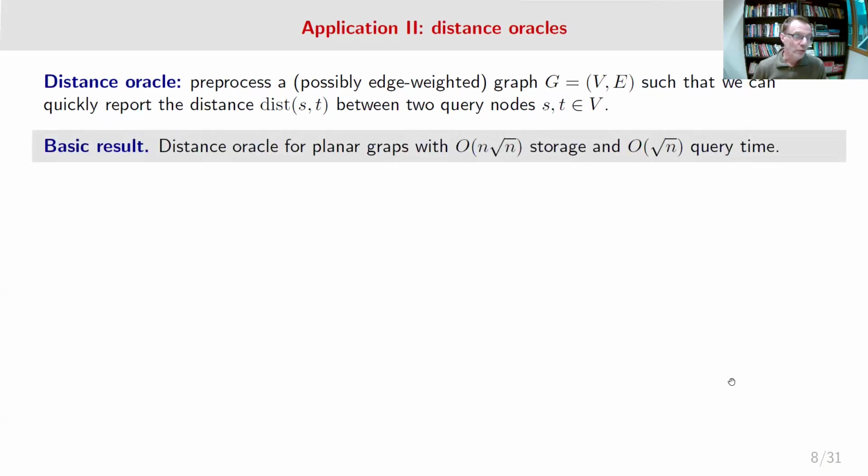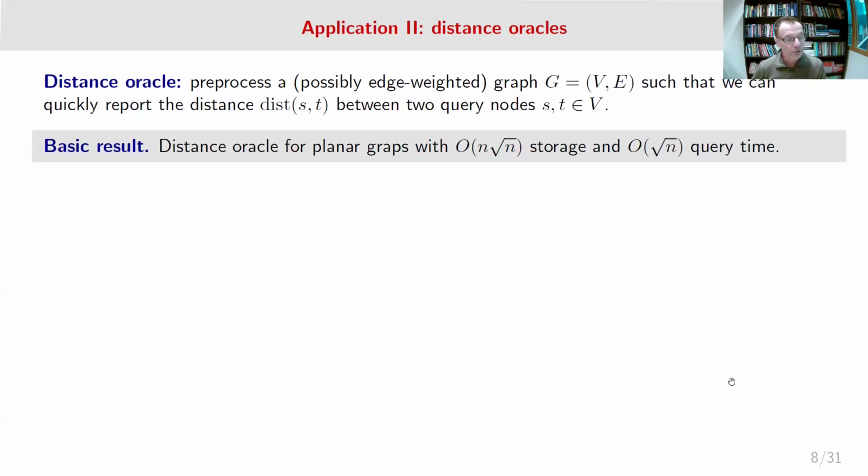There's a very old and basic result, which has by now been improved many, many times. But the first and maybe most basic result is that for planar graphs, you can do this with order n root n storage and order root n query time.